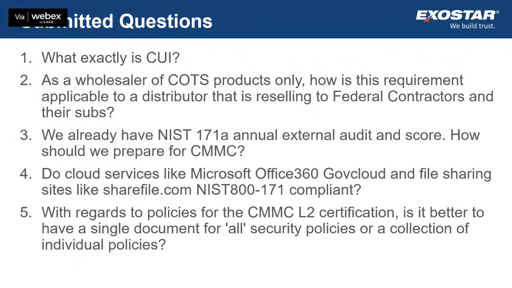So we did get the question about what exactly is controlled unclassified information. And to tell you the truth, I don't have a great answer to this. First, the thing to remember is that controlled unclassified information is marked by whoever creates it as controlled unclassified information. So you may receive something marked CUI as part of your fulfillment of a contract.